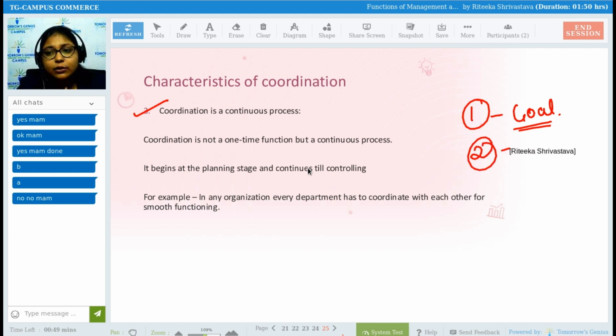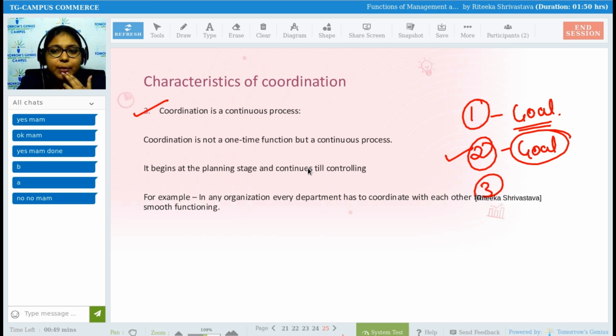There might be a second goal, and then the entire organization has to work on achieving that goal. Once that goal is also achieved, there might be a third goal, and the entire organization will have to work on it. In the same way, coordination is going to be there with the organization till the time the organization is existing. That is the reason we say coordination is a continuous process.